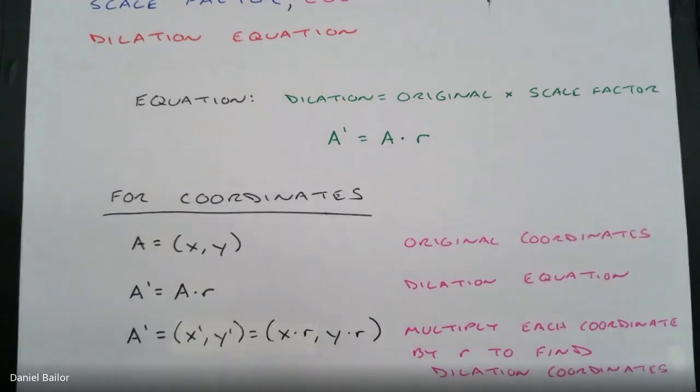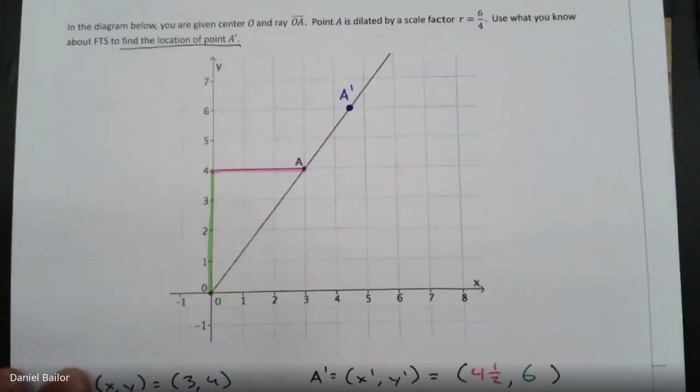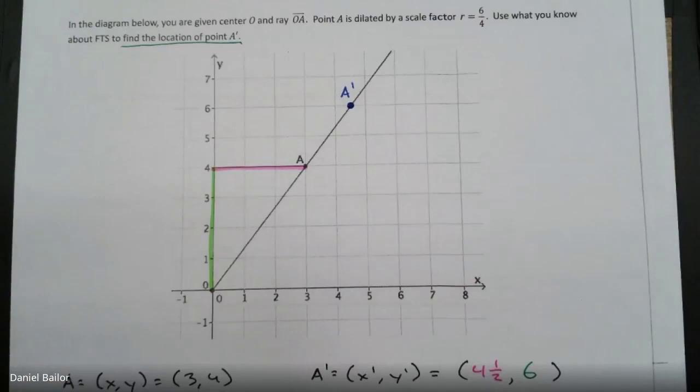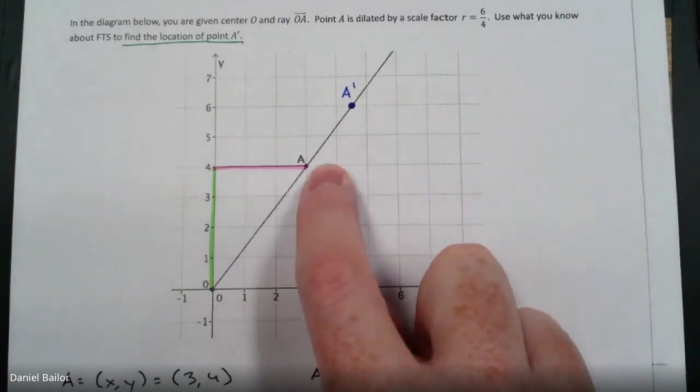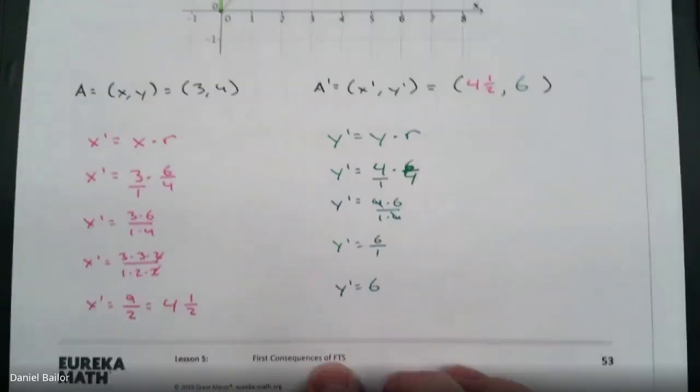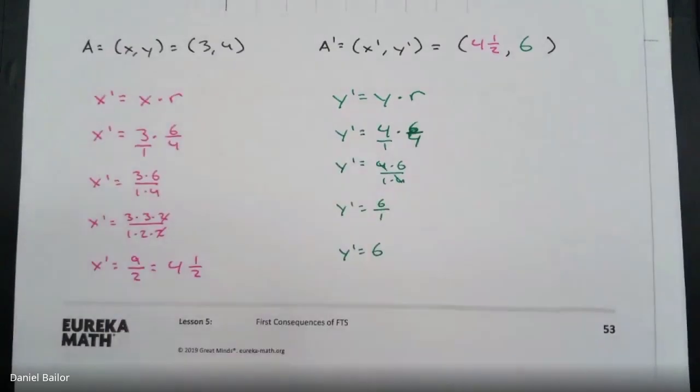Kind of like what we did in the exit ticket yesterday. Let's look at the exit ticket that you worked on. This is your exit ticket from yesterday where you were supposed to find A prime. You dilated A to find A prime. For just one point, you found X prime and you found Y prime.